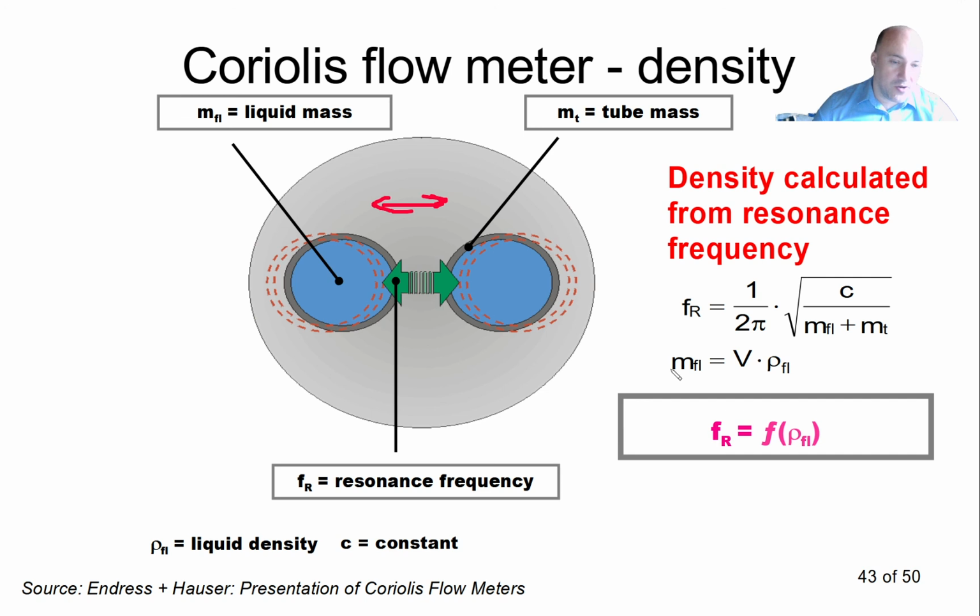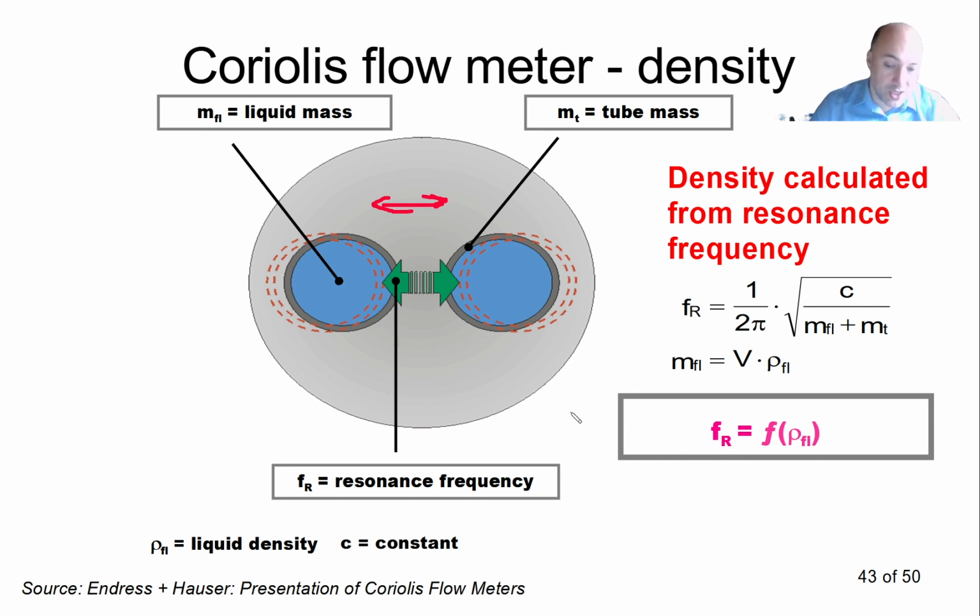And here you can see such an equation. The resonance frequency of this oscillation is a function of the density, and this measurement is independent of the measurement of flow. So the Coriolis flow meter can measure directly the mass flow, and independently it can also measure the density of my liquid.